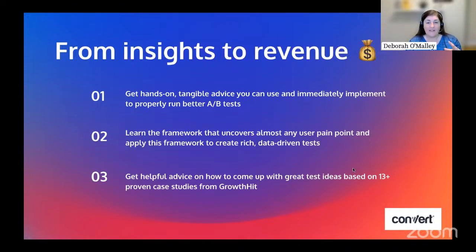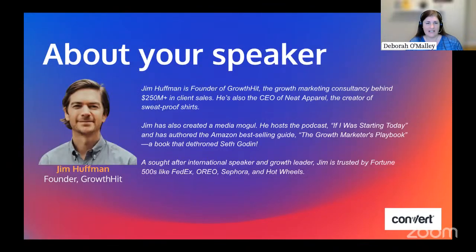Jim is going to uncover a framework that addresses specific user pain points, and he's going to show us how GrowthHit applies these to actually create data-driven insights. And you'll get helpful advice on how to come up with test ideas through proven case studies that GrowthHit has run. So lots of exciting things, very practical, very tangible.